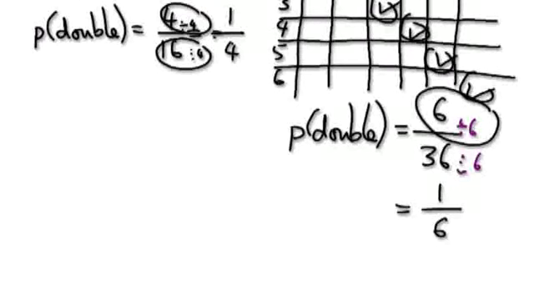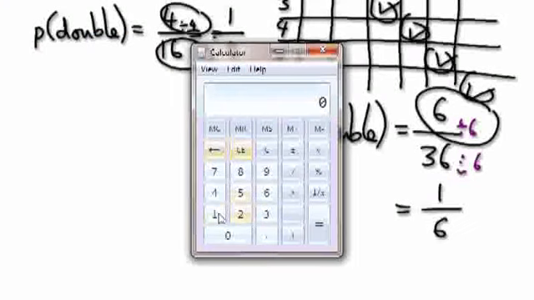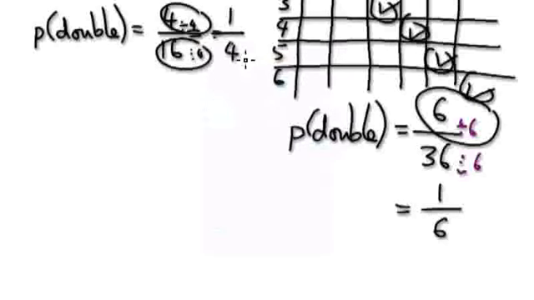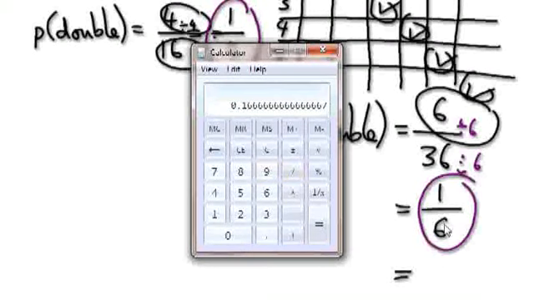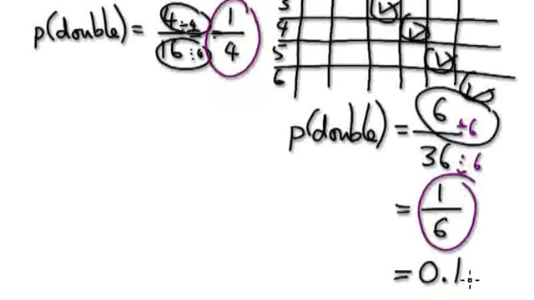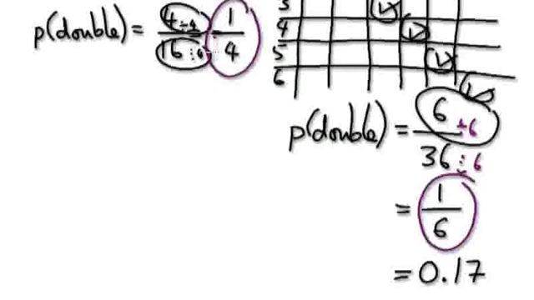Okay. Convert that to a decimal. Get a calculator. 1 divided by 6. You see, at the moment, with fractions here, maybe you could do it, but it's quite hard. So let's convert it to a decimal, because once we see a decimal, it's really easy. That'd be 0.17. Let me double check. Yep, 0.17.